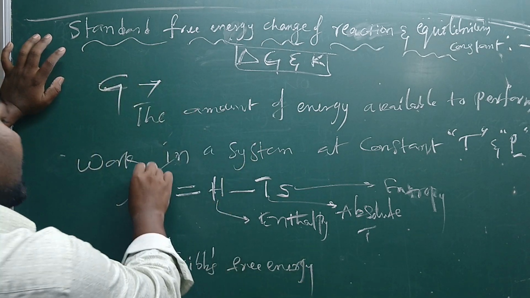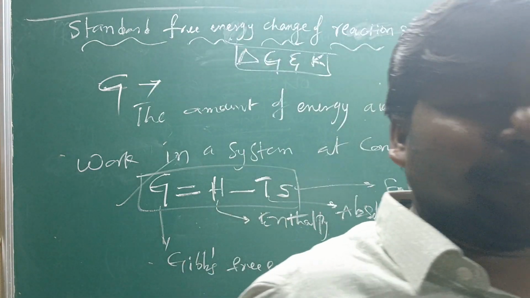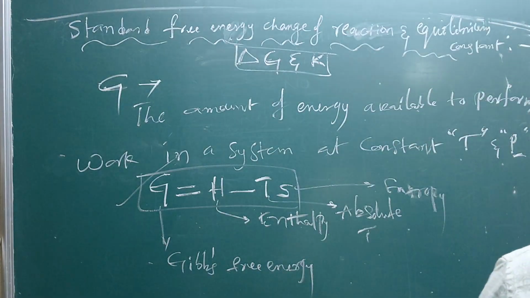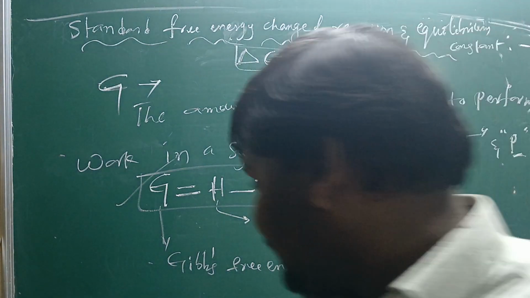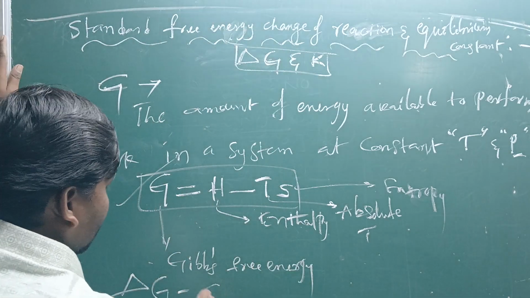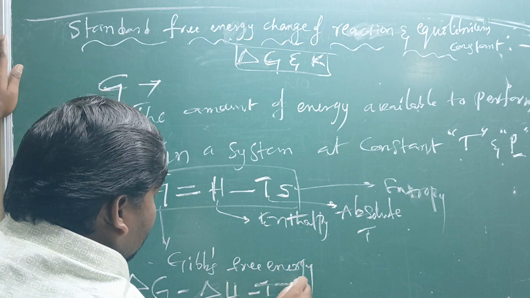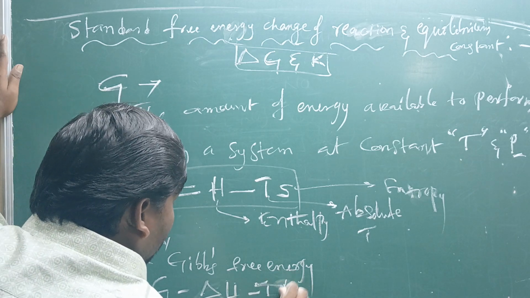We cannot measure Gibbs free energy in this term. We can measure the change of Gibbs energy, that is, delta G is equal to delta H minus T into delta S.